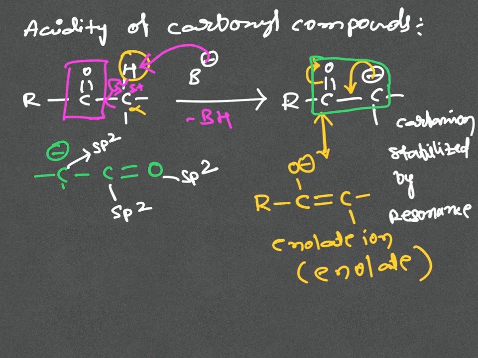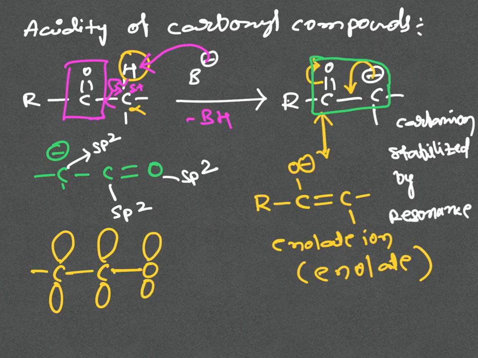So each atom is having one atomic orbital. I am drawing here carbon, which is having one atomic orbital, carbon which is having one atomic orbital. These all are 2p atomic orbitals.